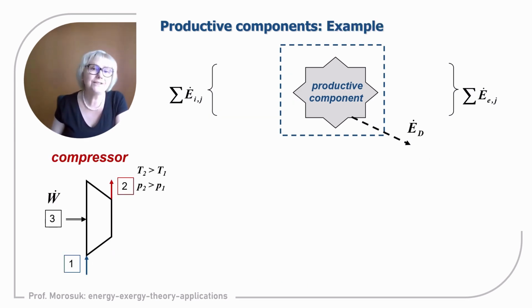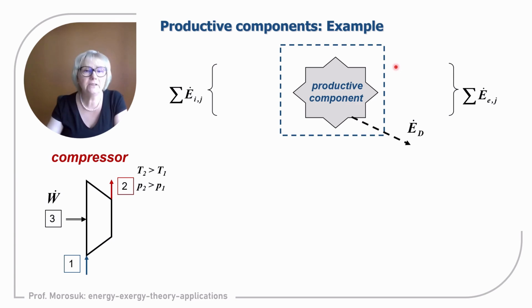Now, let us give several very simple examples just to show the application of the theory. Much more complex examples we will discuss in other lectures. Let us assume that we have a compressor that operates fully at a temperature higher than the environmental temperature.